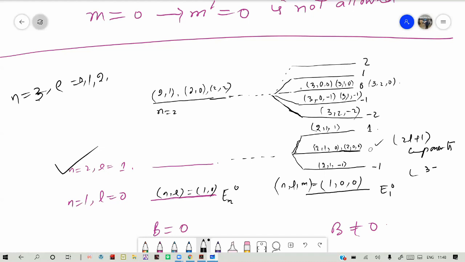Yes, this is 3, 0, 0; 3, 2, 0 is here; 3, 1, 0. Then 3, 1, -1, 3, 2, -1. The 0 is already there. Now it is 3, 2, -2. Similarly, we have 3, 2, plus 1 and 3, 1, plus 1, then 3, 2, 2.